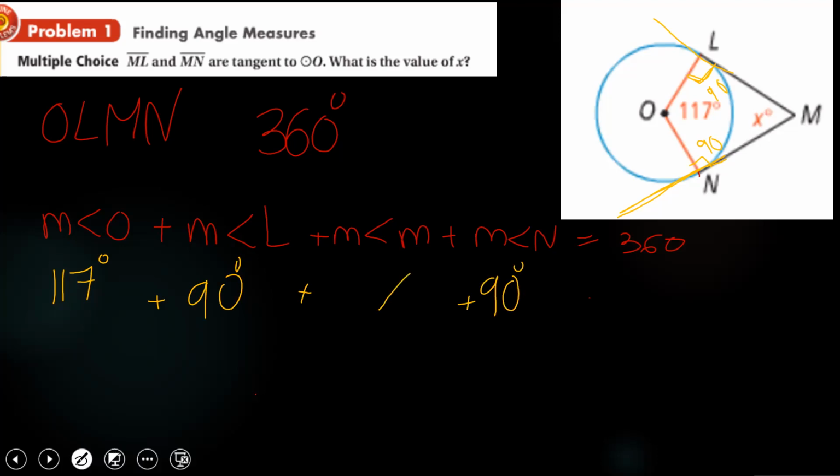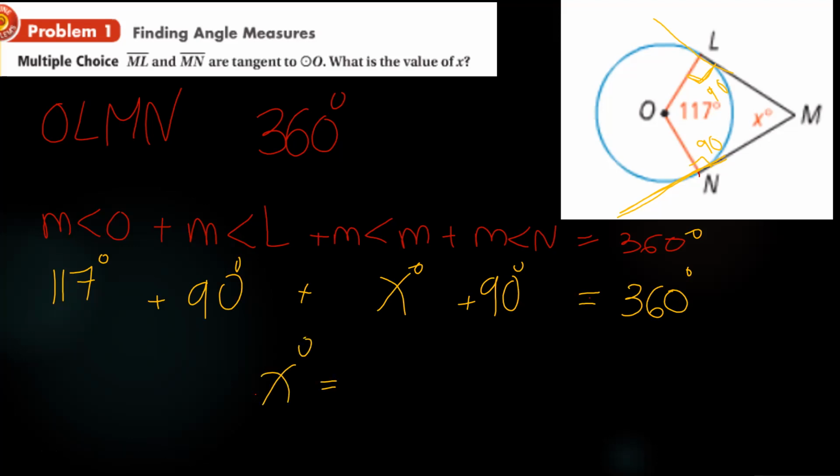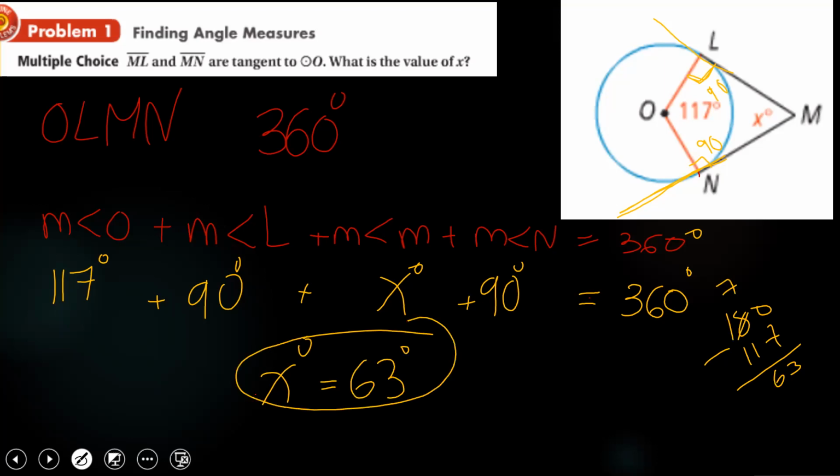But angle M is unknown, and I want to find it. The angles sum to 360 degrees, then 180 minus 117, so angle X is 63 degrees. So the measure of angle X here is 63 degrees.